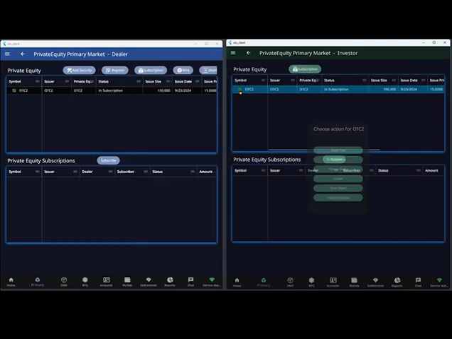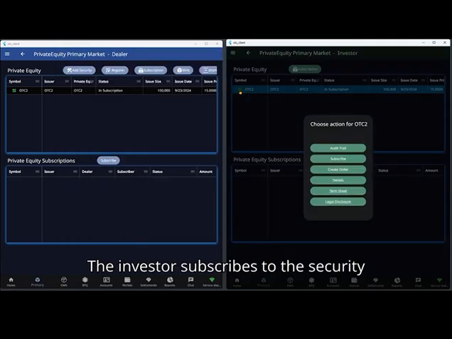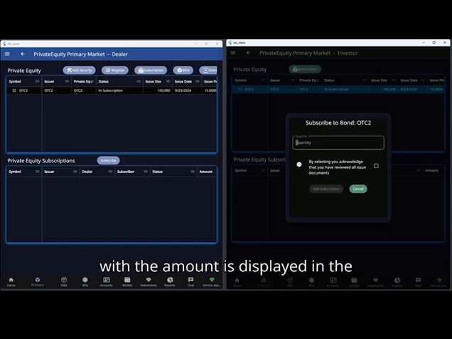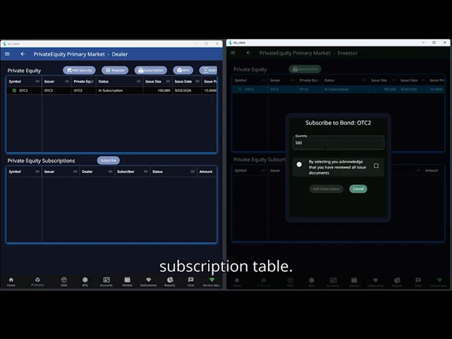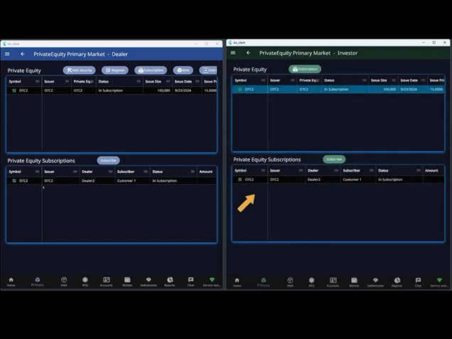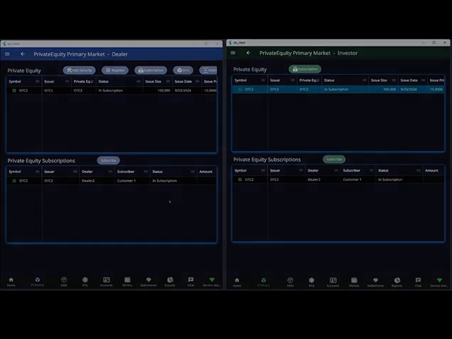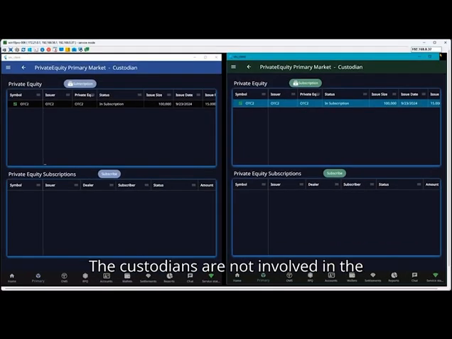The investor subscribes to the security in the primary market. The subscription with the amount is displayed in the subscription table. The dealer platform receives the subscription and it is displayed in real time. The custodians are not involved in the subscription process and hence do not see the subscription.